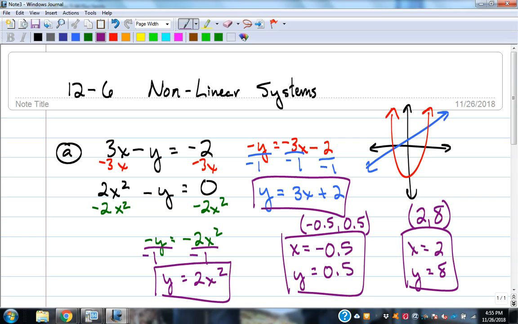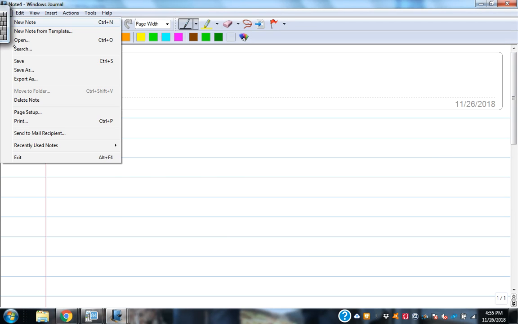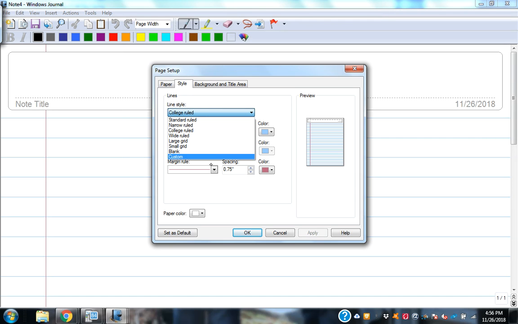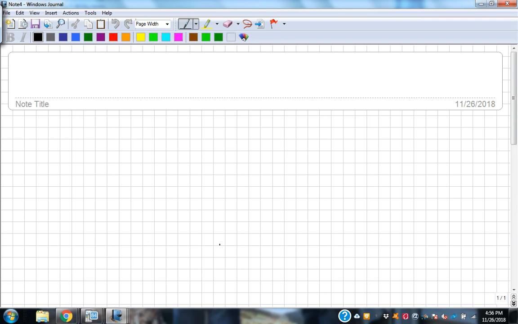Systems of inequalities. Let's look at that real quick and talk about how that works. So this is section 12.7, and I'm actually going to graph some stuff on paper to show this to make sure we remember how to do that. So page setup, and grab some graph paper here. All right, so 12.7.